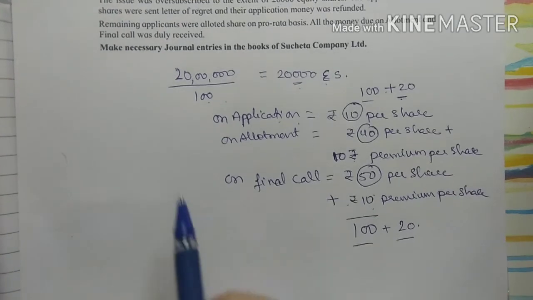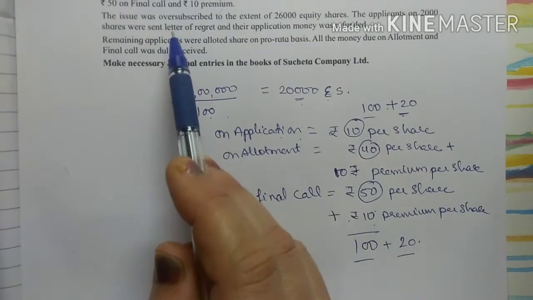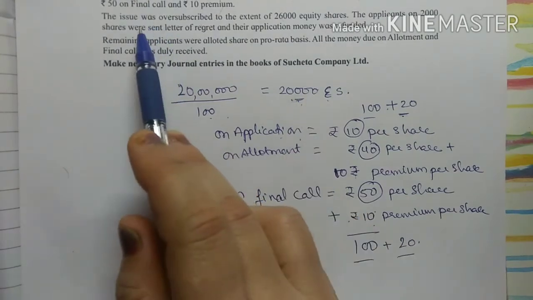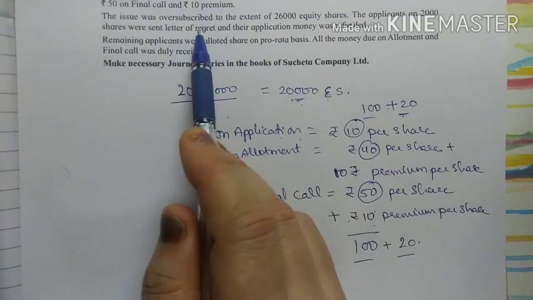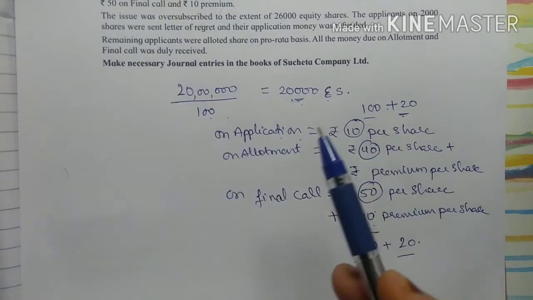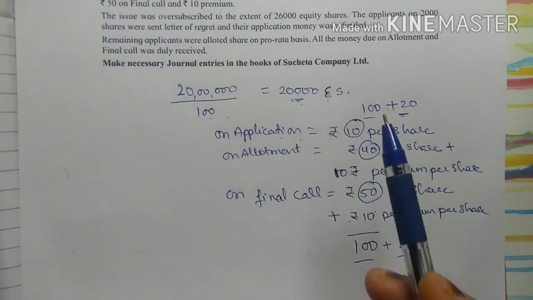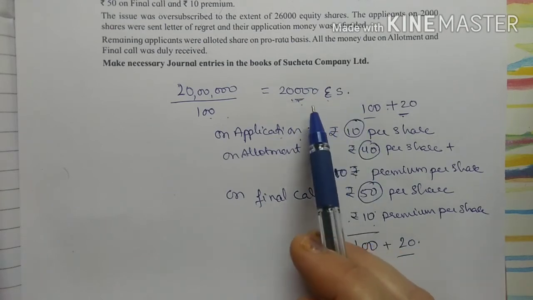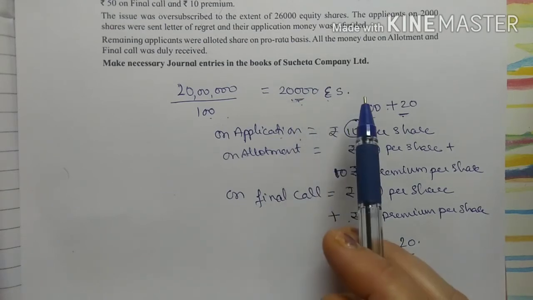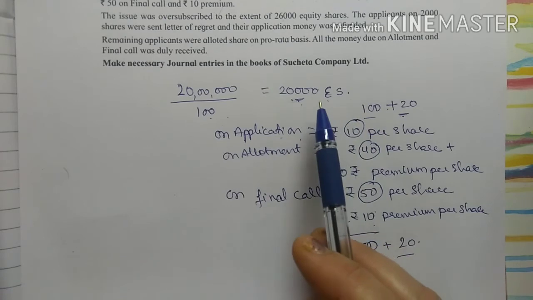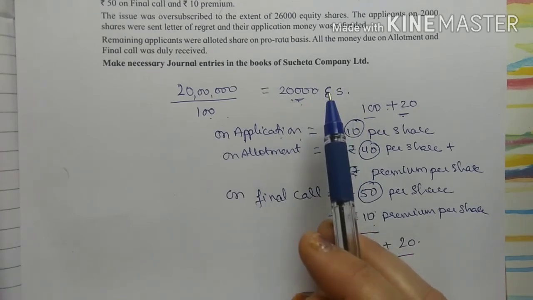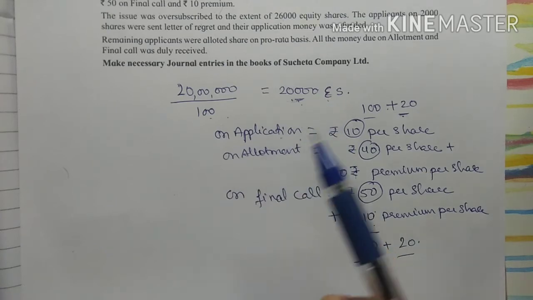Now the next thing that you have to understand is they have issued 20,000 equity shares and the issue was oversubscribed, right? So full subscription will be when 20,000 equity shares are issued and all 20,000 equity shares have been applied for, right? But it is not necessary that every time only 20,000 equity shares will be applied. Applications can be more.